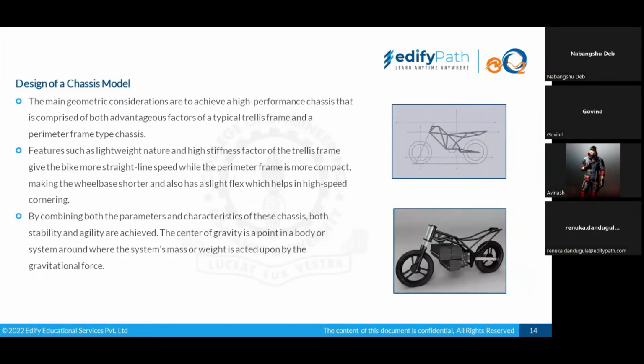Design of a chassis model. The main geometric consideration is to achieve a high performance chassis that combines the advantages of a typical trellis frame and a perimeter frame type chassis.